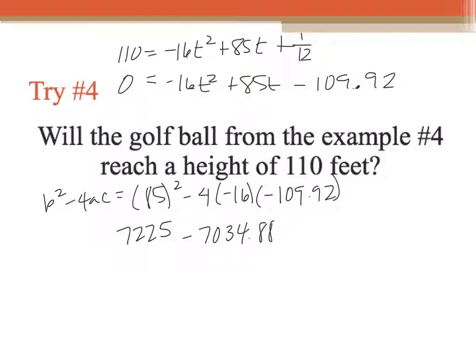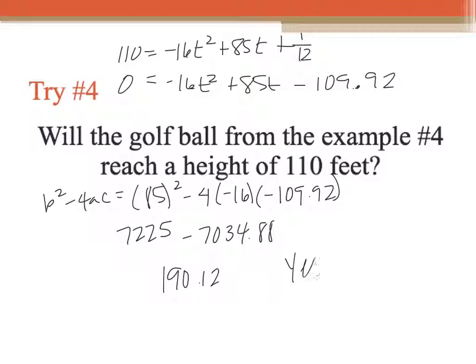Even without solving, I know that this answer is going to be positive, because 7,225 minus 7,034.88 is going to give us 190.12.